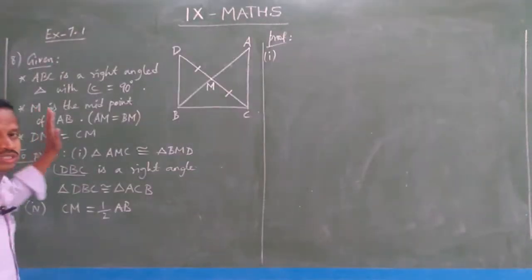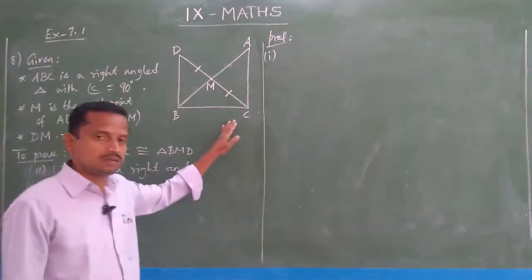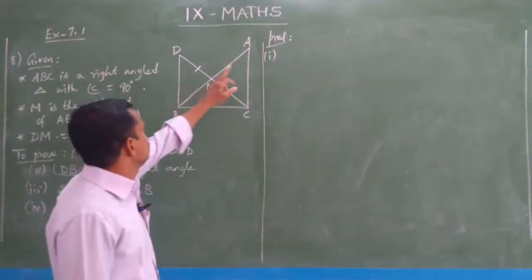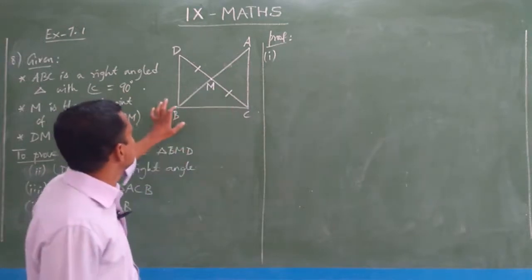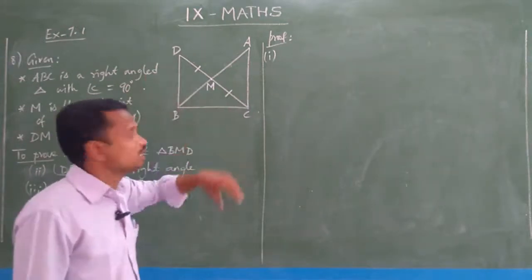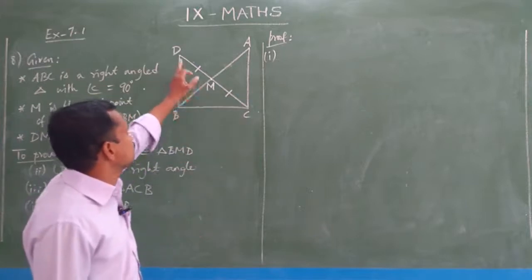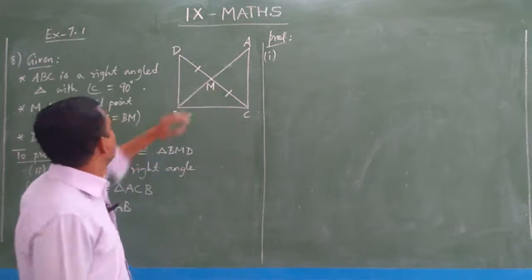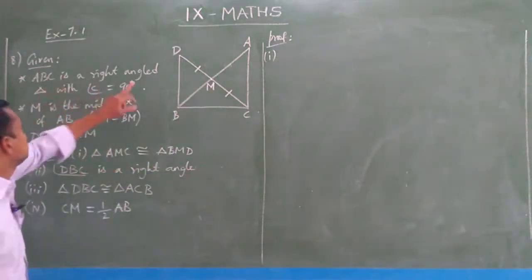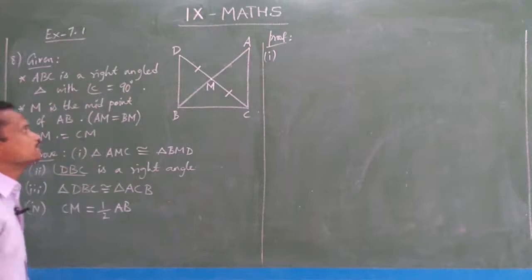Now coming to question number 8. This is the diagram given there. ABC looks like one triangle and DBC is another triangle. The sides of the two triangles, AB and DC, meet at M. Now it is given that ABC is a right angled triangle with angle C 90.